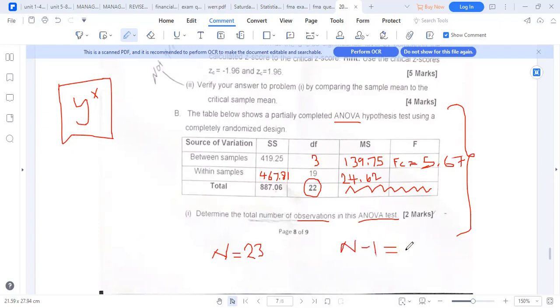So if this is 22, our n is therefore 22 plus 1, which is 23. So our total population is 23. I told you there are two ways of getting this, n minus 1 or just topping up. 2 marks for that.